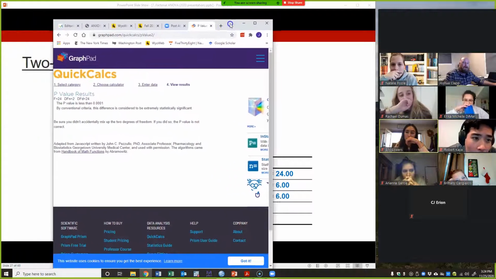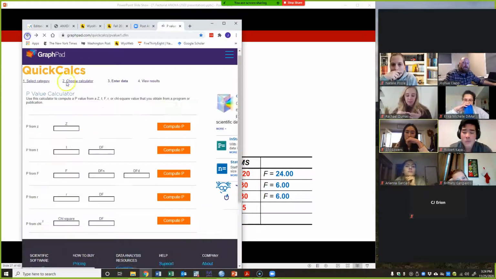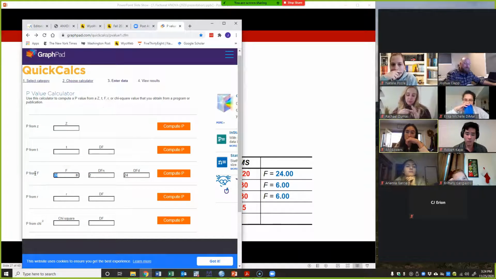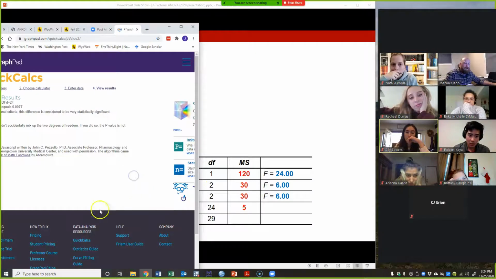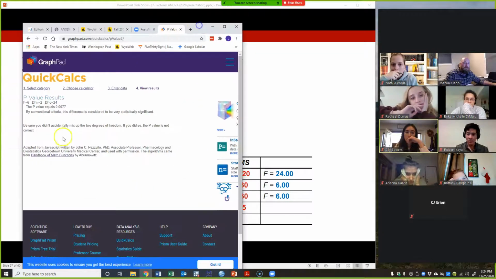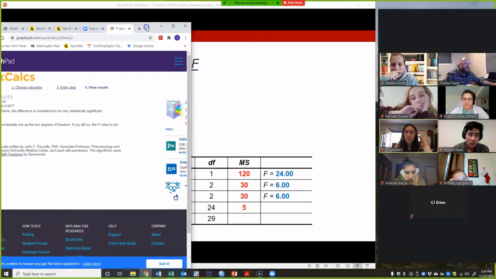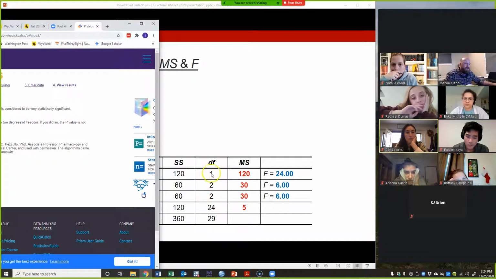Same thing for the next F test, which should have been 1 degree of freedom in the numerator, with 2 and 24. Calculate the p-value: 0.0077. So again, our F tests are going to be the degrees of freedom associated with my test over the degrees of freedom for error. That's the degrees of freedom for my F tests.